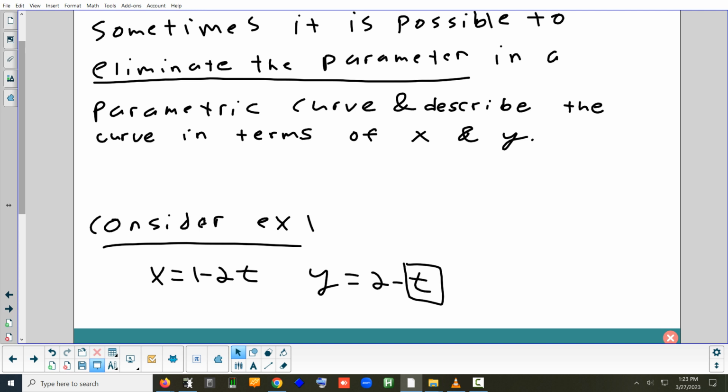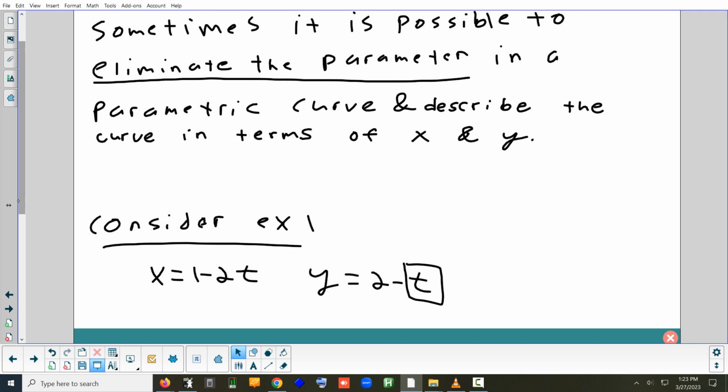And this is something you do in Algebra 1. Well, we don't want to isolate the t. I want to completely replace the t with something. How could I find something to replace this t with?